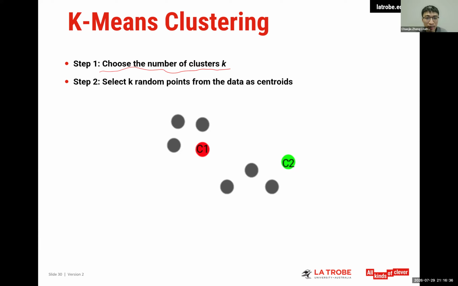In this case, we set it equal to 2, so we are expecting 2 clusters in the output. Then in step 2, we pick k random points from the data as centroids. So we just randomly pick 2 data samples in the input points to represent the centroids of the output clusters.